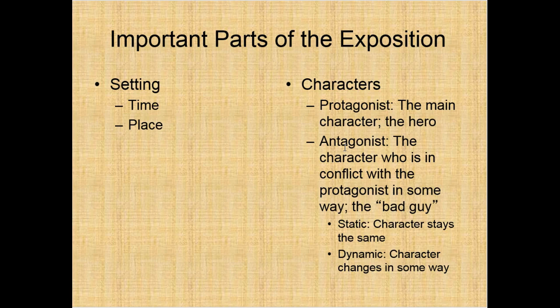Now, we have two types of characters that come up. The first one is often called a static character. Static characters don't necessarily change throughout the story. A good example in Harry Potter would probably be Hagrid. Hagrid is the same as he was in the beginning and the end.